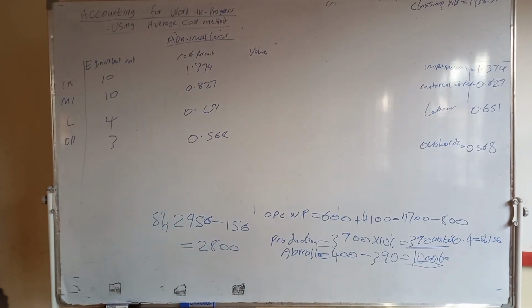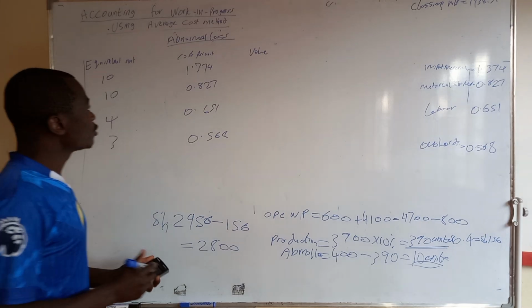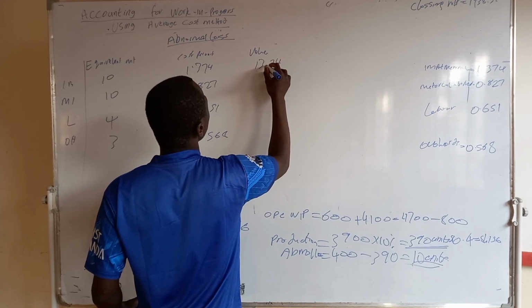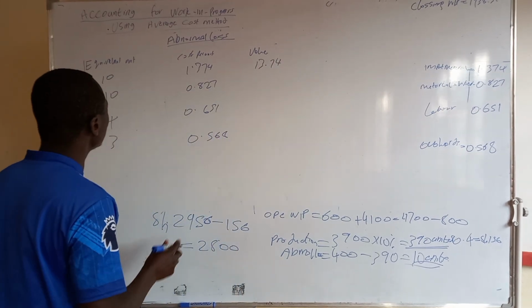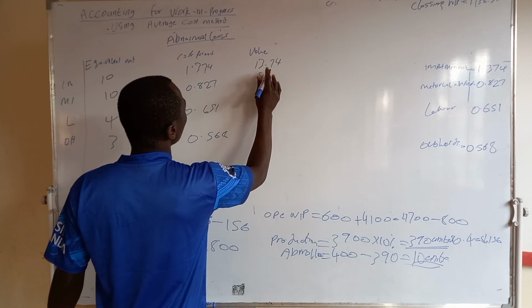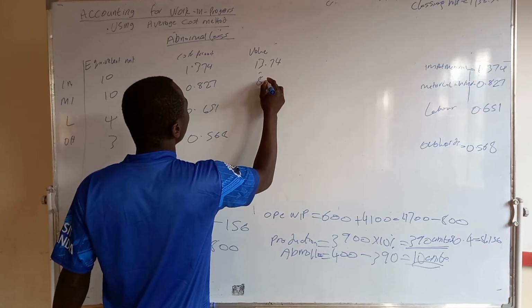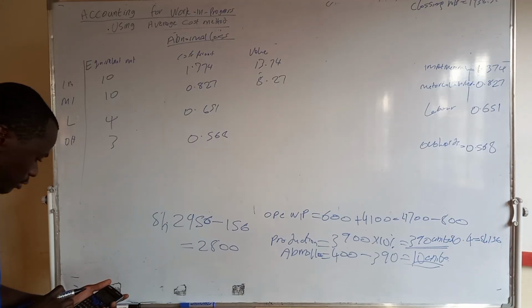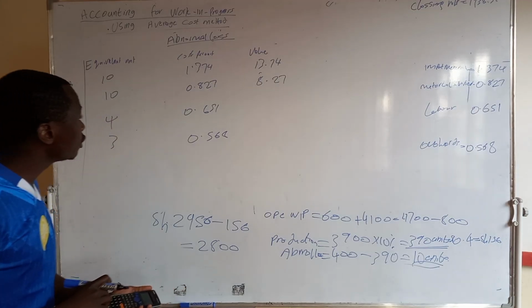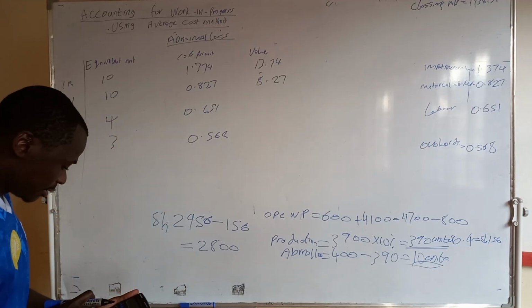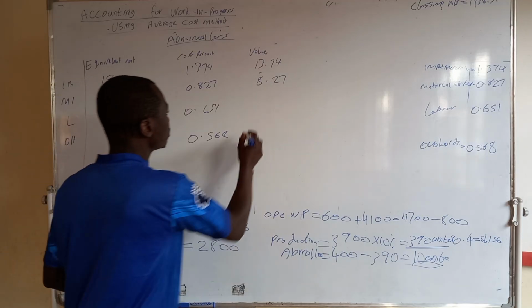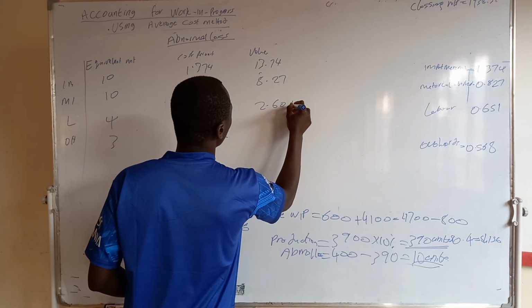Now the total: 10 times 1.374 will be 13.74. This one will be 8.27. This is 4 times 0.651, which will be 2.604.